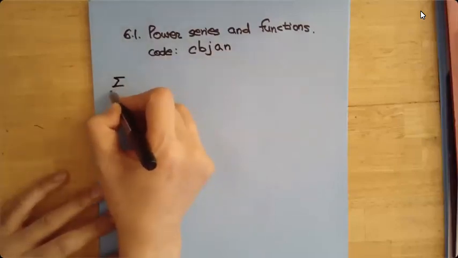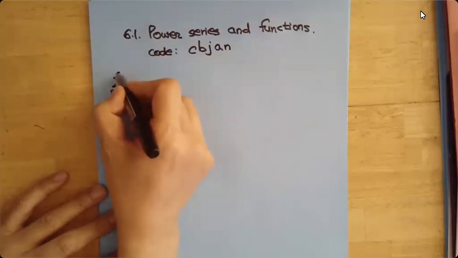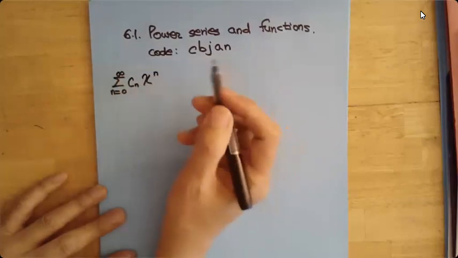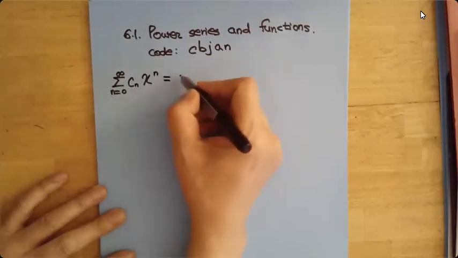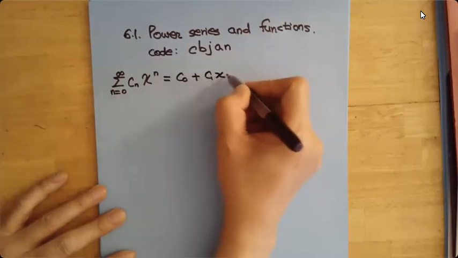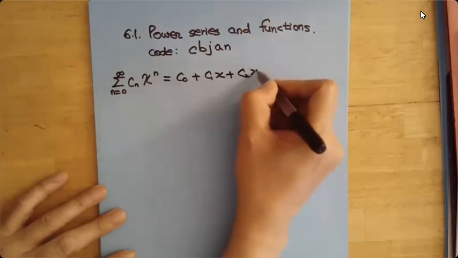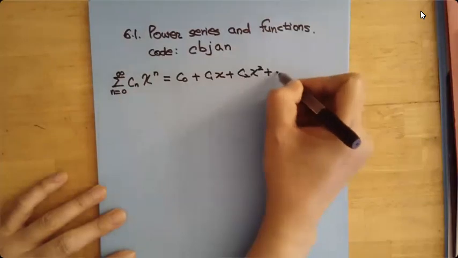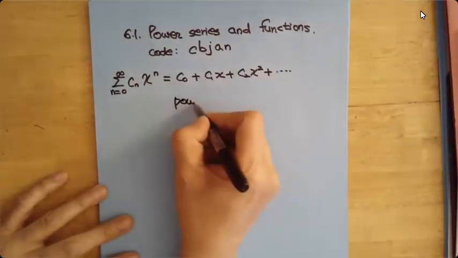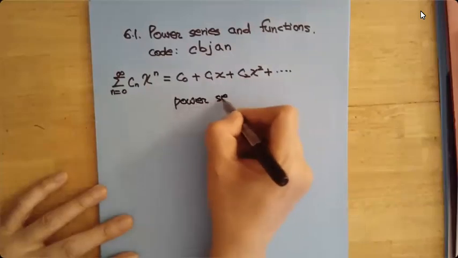A power series looks like this: the sum from n equals 0 to infinity of C_n x to the n power. When we write further details, it goes like C_0 plus C_1 x plus C_2 x squared plus, and so on, and that is a power series.